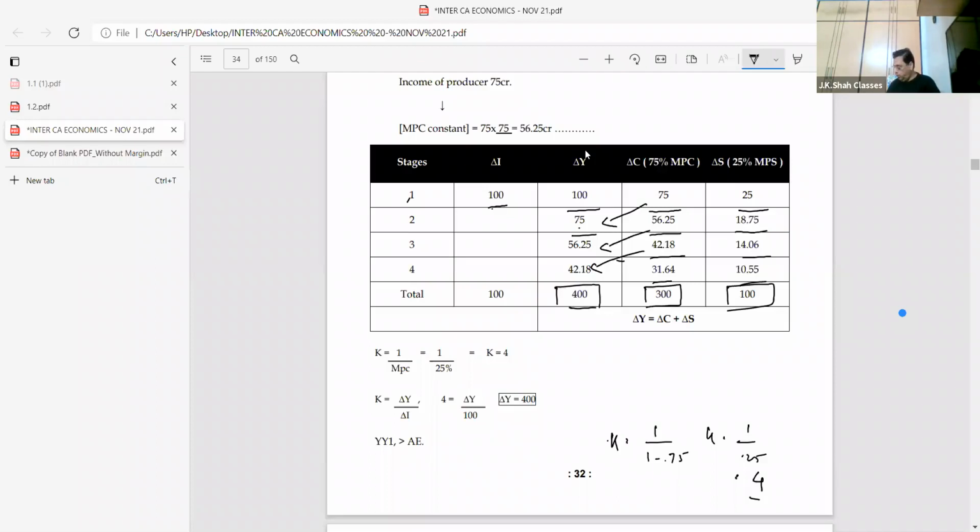Beta, show the working of multiplier when government's investment is 10 lakhs and MPC is 0.5.